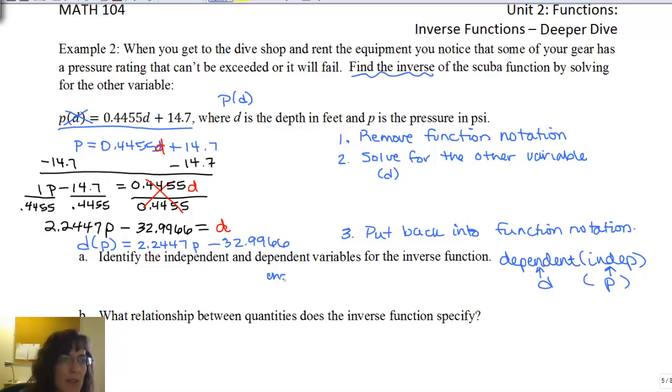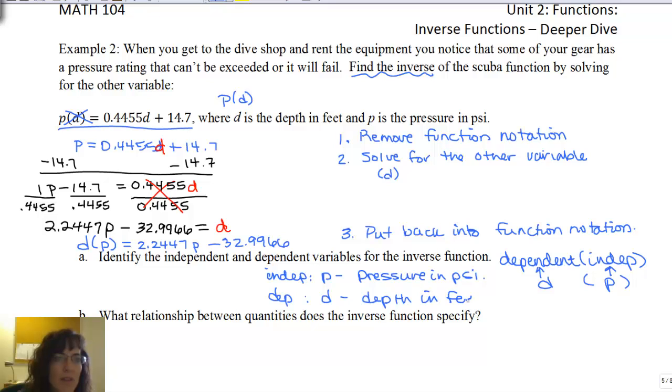So I have the independent, we're wondering, is P, and P is the pressure in PSIs. And then the dependent is the D, and that's depth in feet.